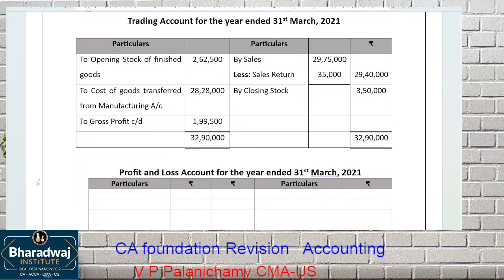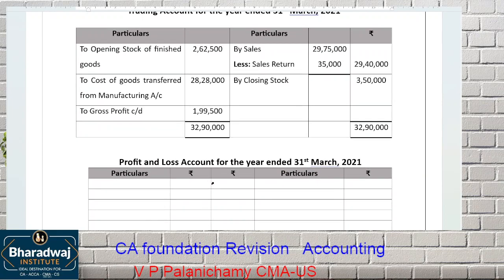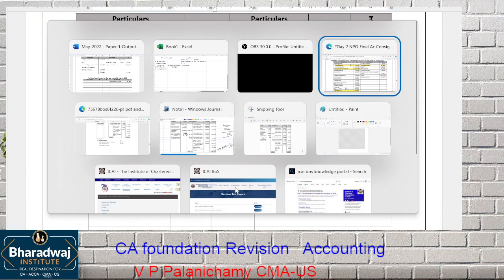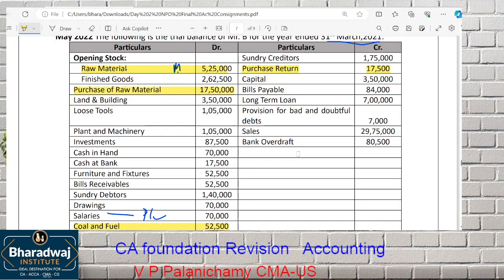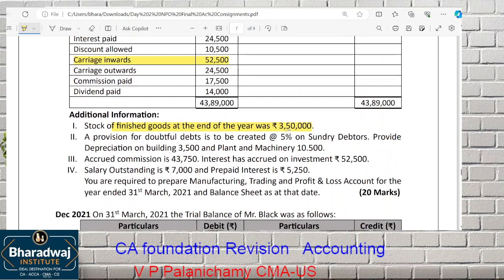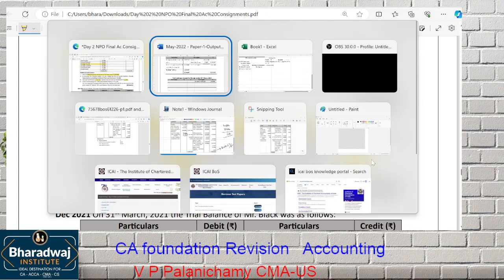There is the P&L account next. First, let us do the income side. What will come on the income side? Gross profit, and see what else there is. No, income side first let us finish. Look in the credit. Accrued commission, how much is given? 43,750. Accrued interest on investments 52,500.